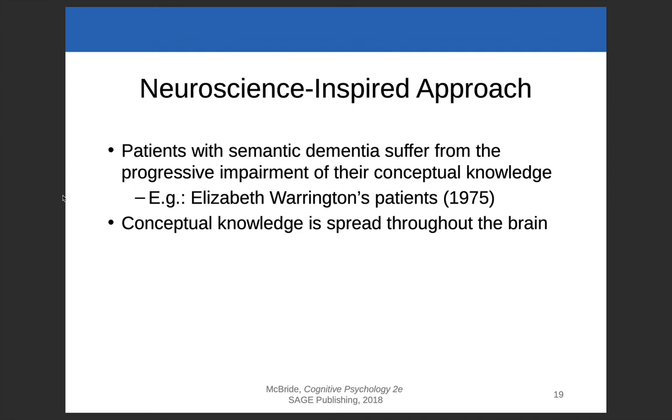So there's the example in your textbook from Dr. Warrington's patients from 1975, with semantic dementia, who are suffering the loss of concepts as they progress in their disease. But for the most part, there are no particular areas of the brain associated with particular types of knowledge. We just know that conceptual knowledge involves widespread use of the brain.